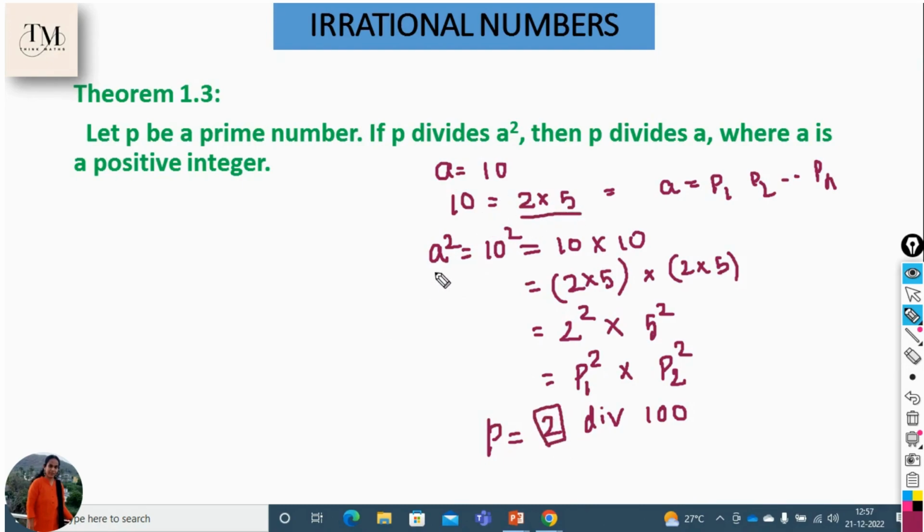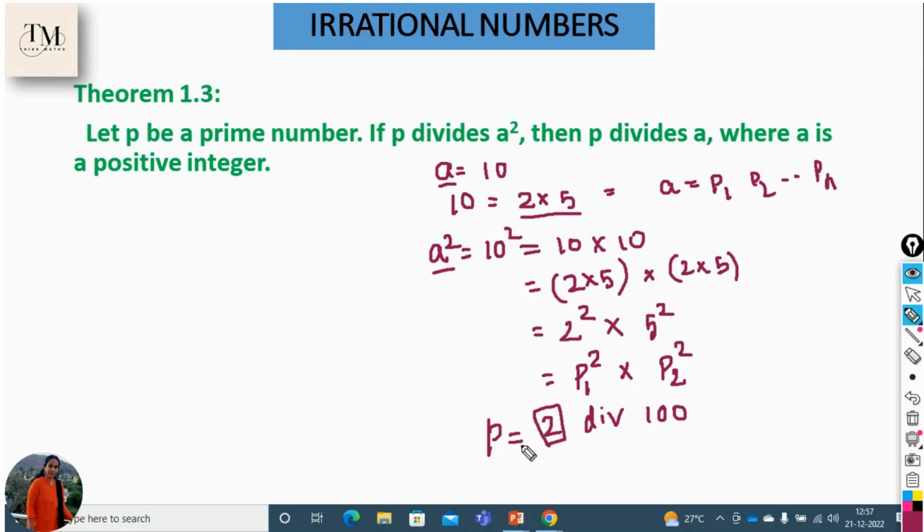Even in the factorization of a square and a, the prime numbers are not different; they are the same. Just here the prime numbers are repeated twice. So 2 and 5 appear both in the prime factorization of a as well as a square.